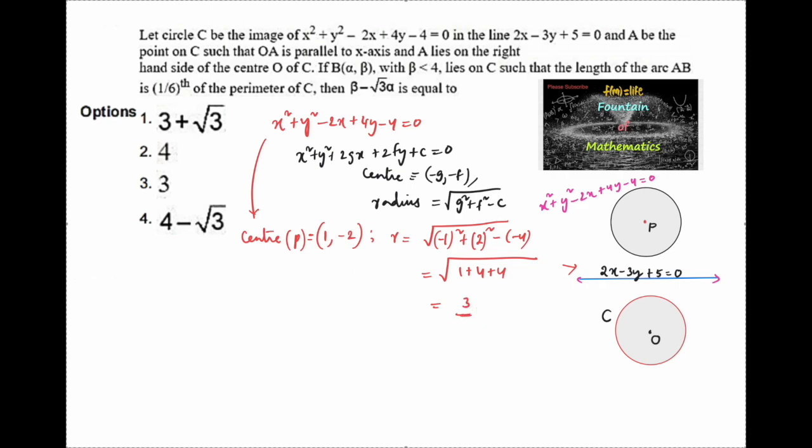So we got the radius 3 units, and the center is 1 comma minus 2.